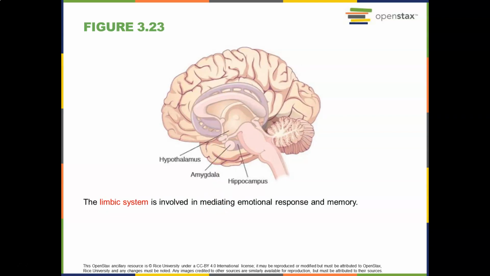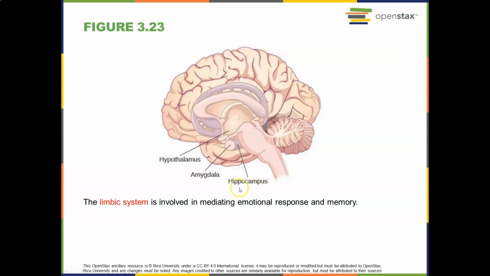Then there's something called the limbic system. And the limbic system right here, you can see we're pointing at three different structures of the brain. They're called the hypothalamus, the amygdala, and the hippocampus. So I just would like for you to be aware of a couple of these really quickly, okay?